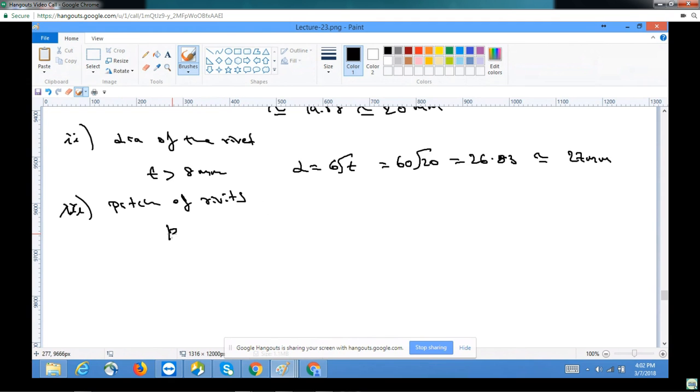So we take pitch equal to (n1 plus 1.875 n2) by d square tau divided by 4 t sigma t, plus d. For this case, as per the picture, we can see that we have to work out different combinations.